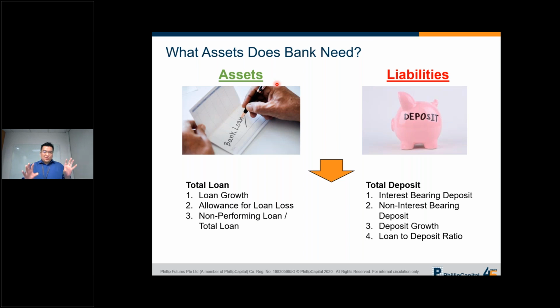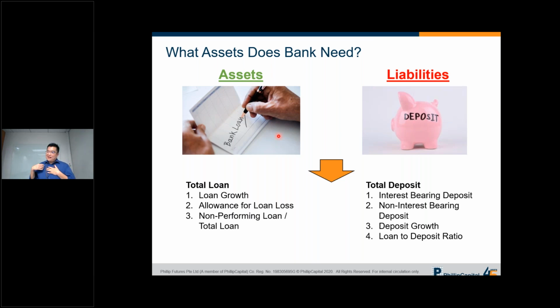But I would just want to bring your attention, when we look at assets and liabilities for the bank, to look at it in terms of loans and deposits, because it's a little bit different from how we think. For myself as an individual, if I put a sum of money in the bank, that money is my asset.